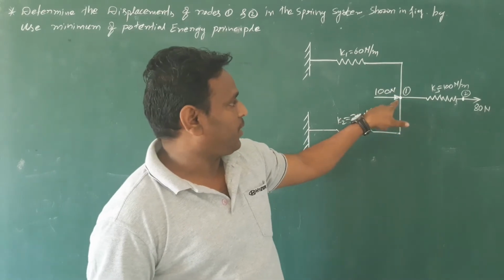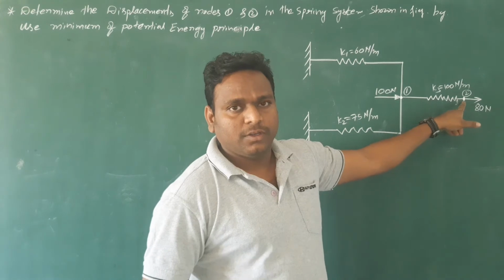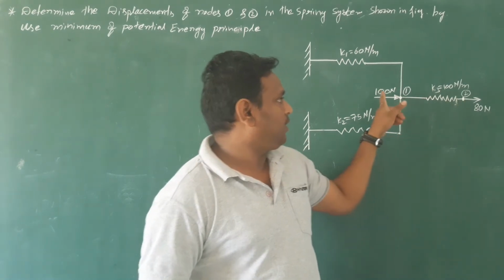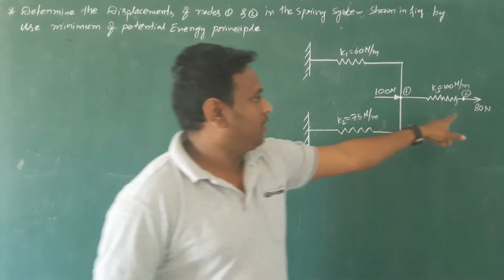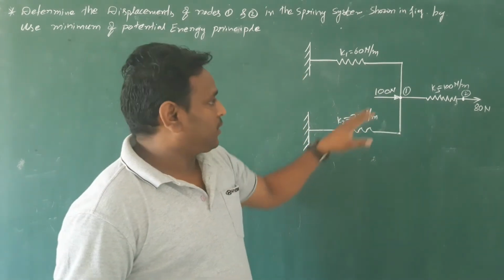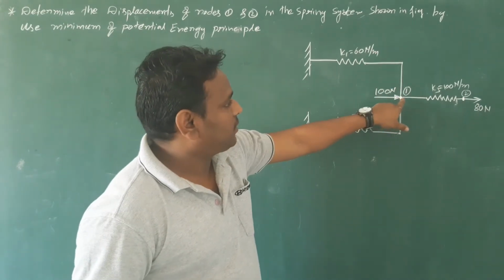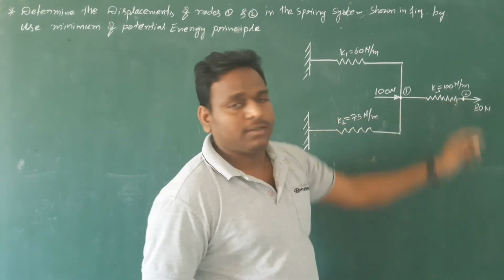Here 100 newtons is applied at node 1, and 80 newtons is applied at node 2. Because of this force, the deflection occurs at this point and this point.